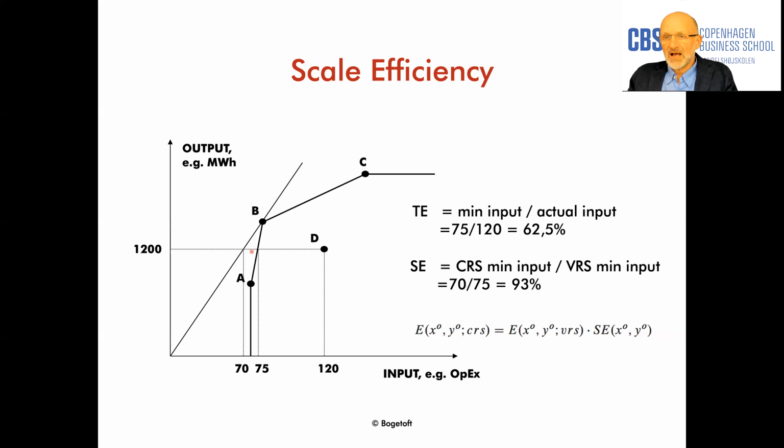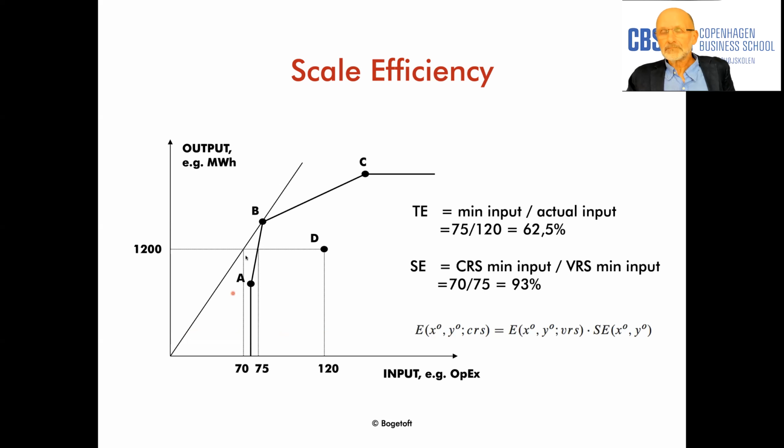So you could start to think about how big is this, and if that is big, it's because you are located far away from the optimal scale size. Imagine, for example, you're down here, then you could move here by just becoming technically efficient, but then you could move just as much or even more if you had the optimal scale size returns to scale, you can say.